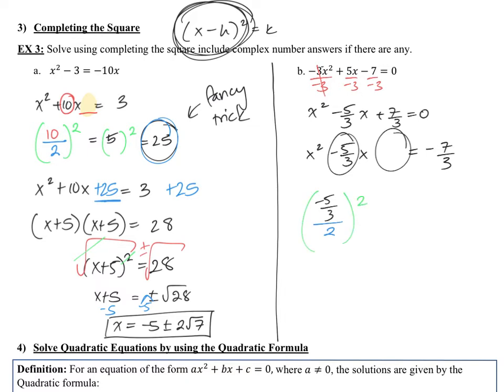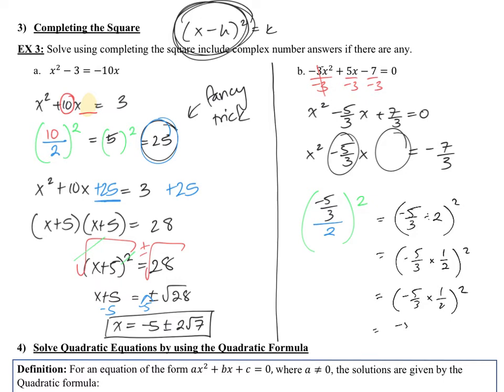All right, let's see. Negative 5 over 3 divided by 2 is going to end up being negative 5 over 3 times 1 over 2, and that's negative 5 over 6. This is all scratch work. You don't need to include this on the main part.